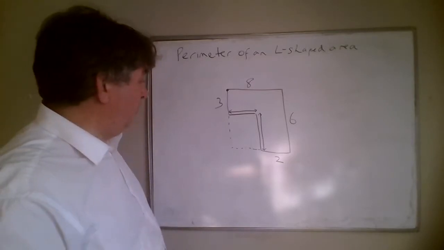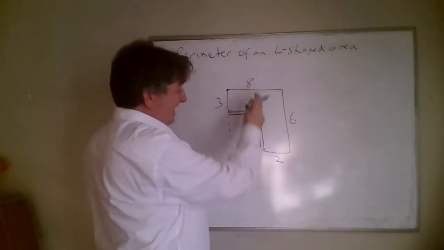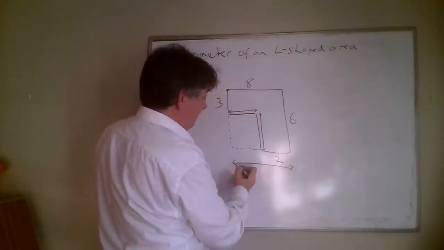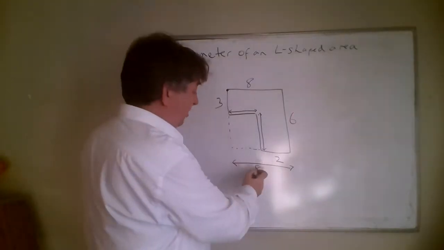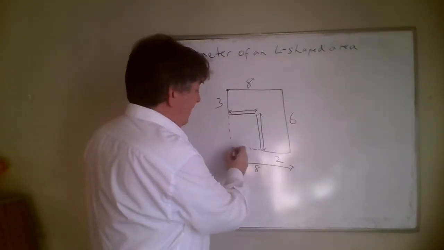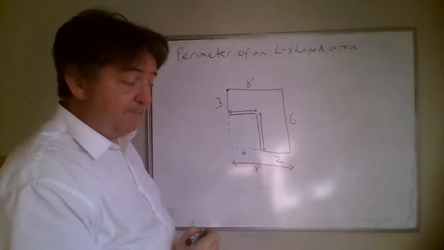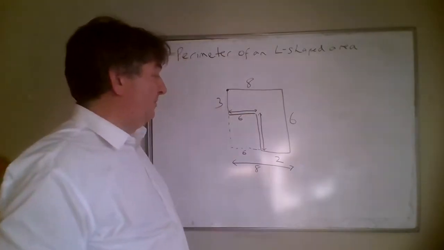And the reason for that is that in this case, if this is 8, then the length here must also be 8. And because this is 2, and that's 8, we can say that this length is 6. If that is 6, again, because of the right angles, this is also 6.